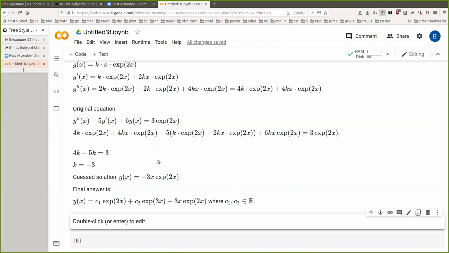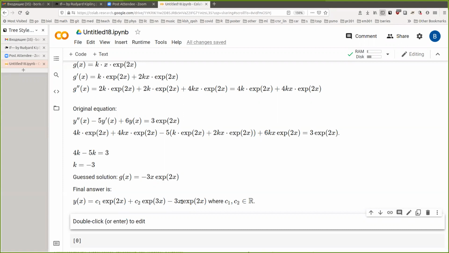And in this case, when the right-hand side coincides with the solution of the homogeneous equation, then the solution of the non-homogeneous equation will be multiplied by x, or maybe by x squared, or maybe by x cube, if there are more repeating roots of the characteristic equation. But basically, we need to multiply by x. If it will not work, we will multiply by x squared. If it will not work, we will multiply by x cube. If it will not work, we will multiply by x of higher and higher power.